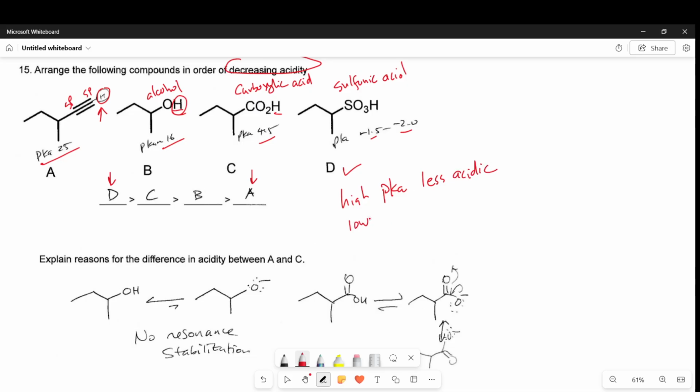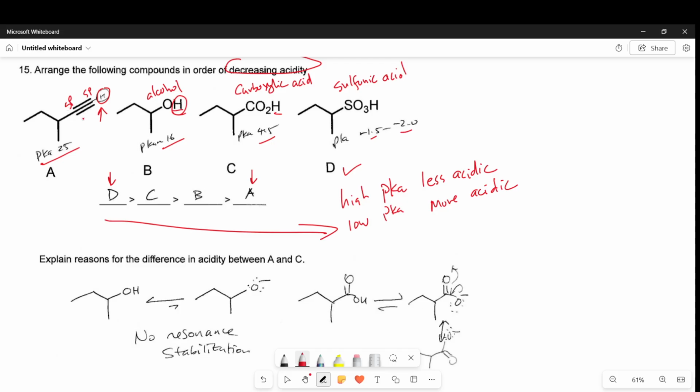Low pKa value is more acidic. So that is how we order them. This is a decreasing order. We are decreasing in this direction from D, C, B, A.